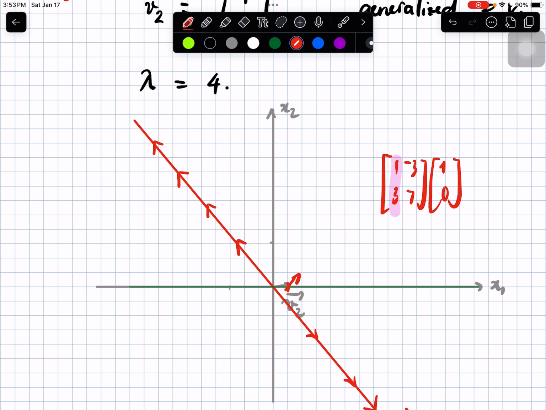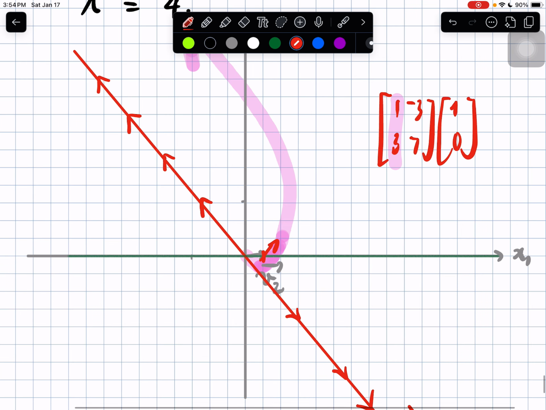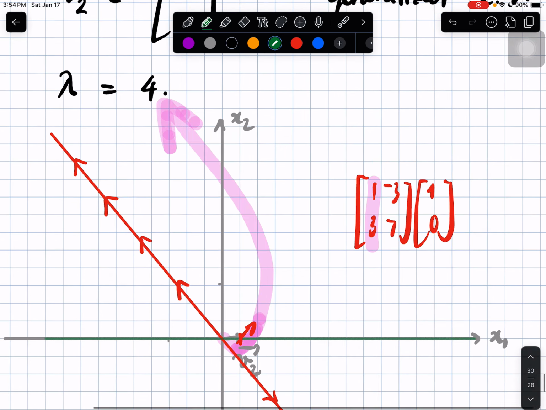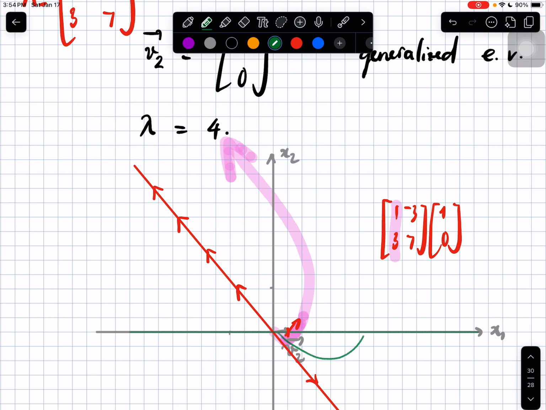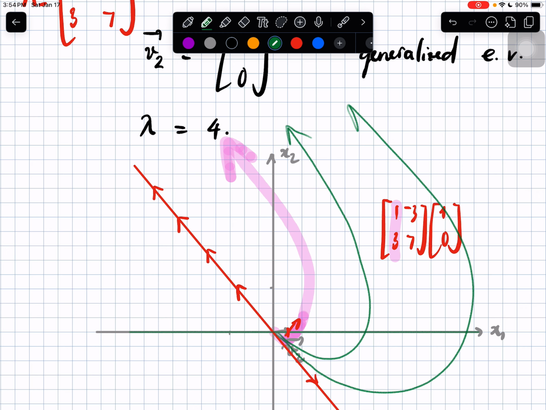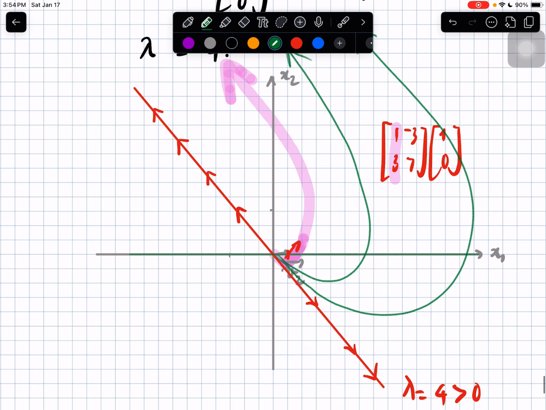The solution curve should go from the origin, follow this, and go off to infinity. Now we can draw a few others. The other side is opposite.